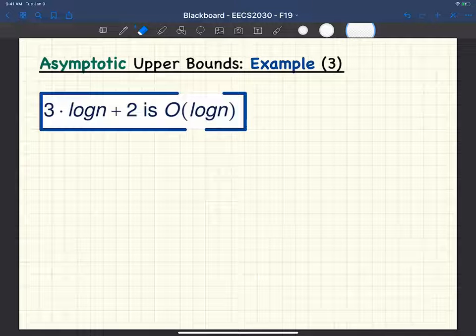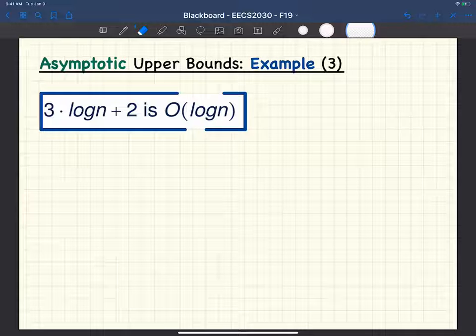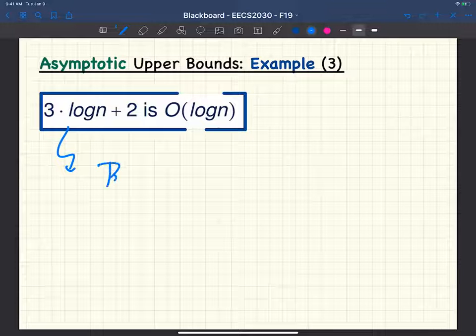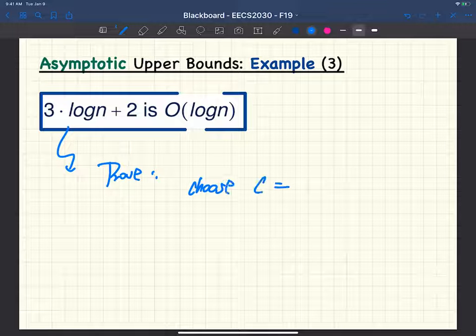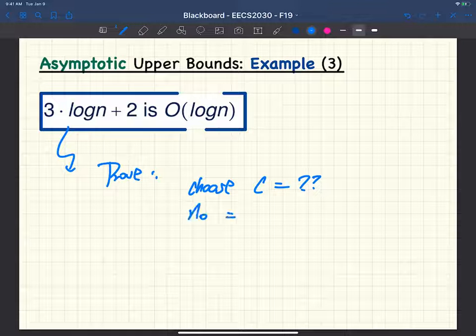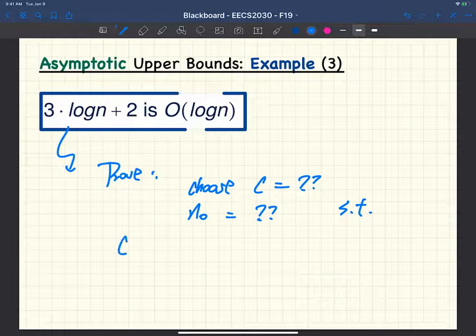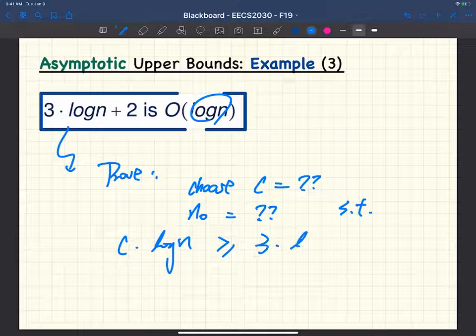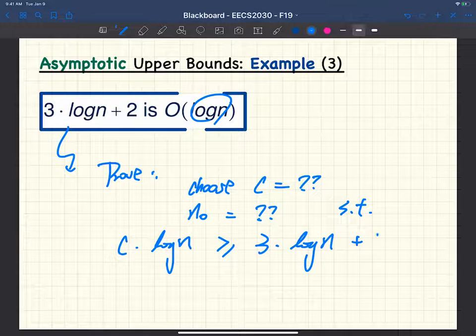Now, can we follow the same proof procedure and see what happens? What I would do is, let's try this. Be careful with this one. Proof. Again, choose C to be something over here, and then also N0 to be maybe 1, maybe something else, such that C multiplied by log N is larger than or equal to, these are going to have the upper bound effects, 3 times log N plus 2.